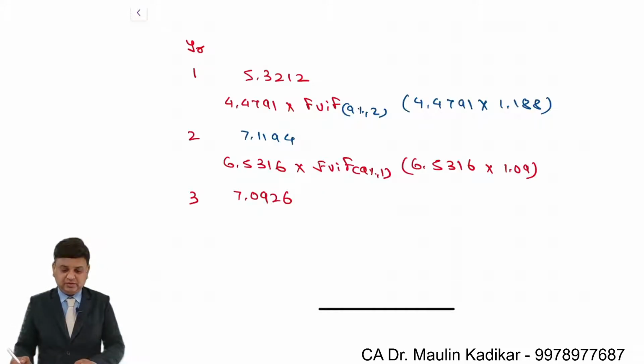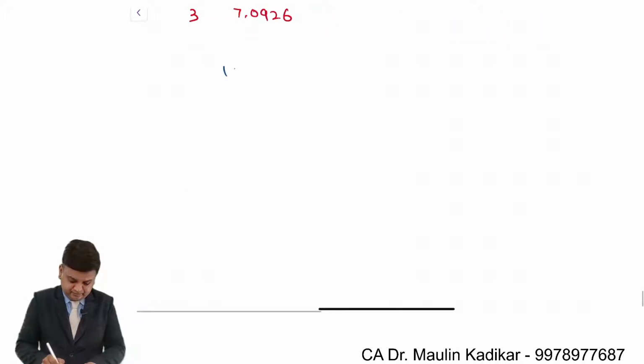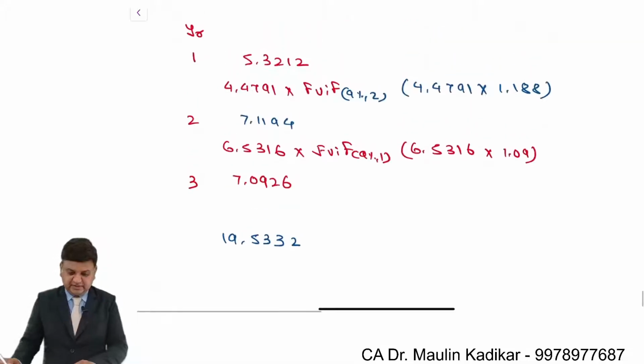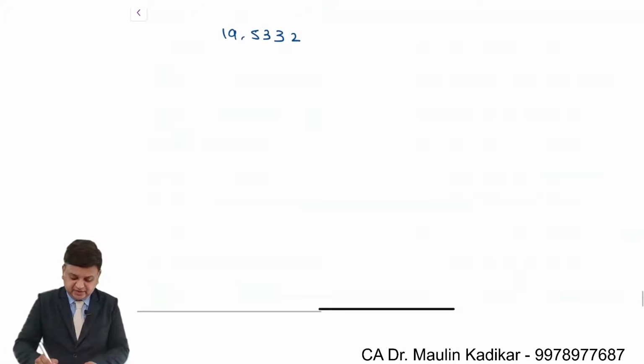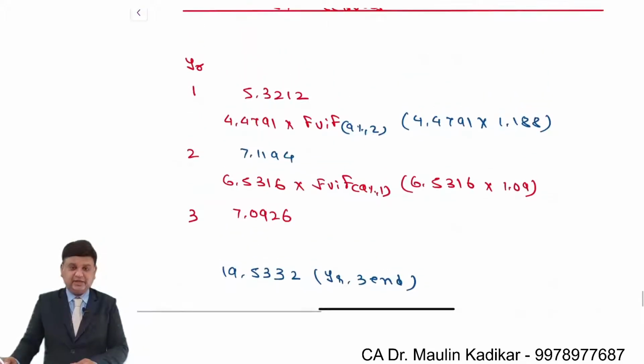It comes to 19.5332. This is the way we make the computation of the future value of the internal cash accrual. And of course this value is of year 3 end. Once we make this calculation, then we'll compute the modified IRR.